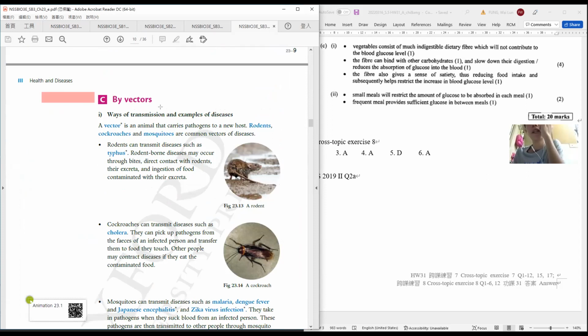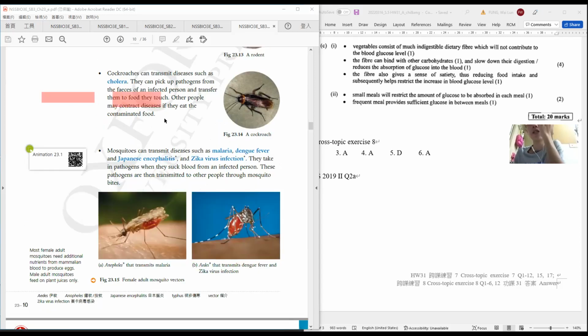There are some vectors transmitting disease, like a mosquito biting you, and you can transmit diseases like dengue fever. So basically it's about mosquito bites. I want your reply, please. Did you hear of it?